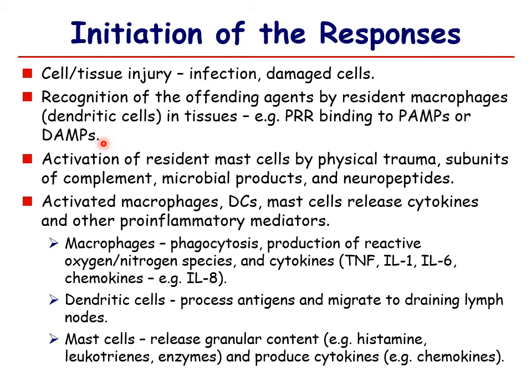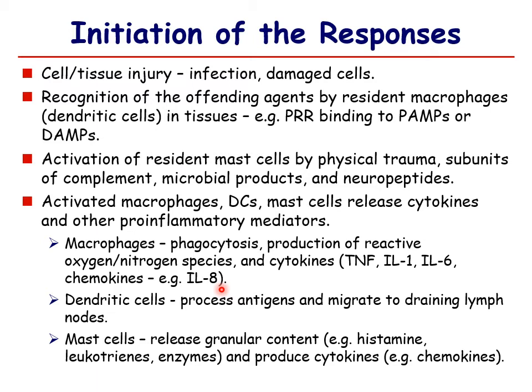As a result of activation of resident macrophages, then macrophages mediate phagocytosis and begin intracellular mechanisms of killing, which involves production of reactive oxygen and nitrogen species, as well as a number of different pro-inflammatory cytokines, such as TNF, IL-1, IL-6, and chemokines, for example, interleukin-8.